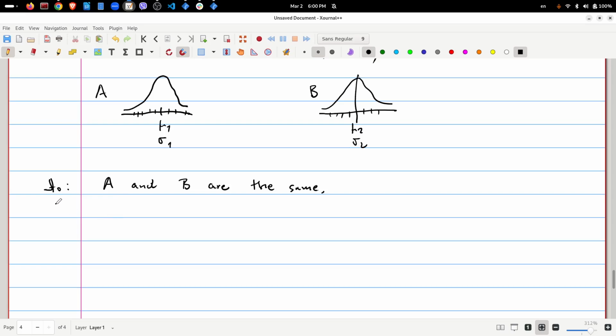Now H1 in this case might be, for example, that the expression level of A is greater than the expression level of B. Of course, we might have other H1s like A smaller than B, or simply that A is different than B. The null hypothesis, the alternative hypothesis, the H1, depends purely on the researcher's question, what is interesting for the researcher to know.